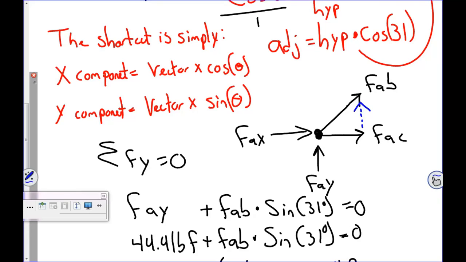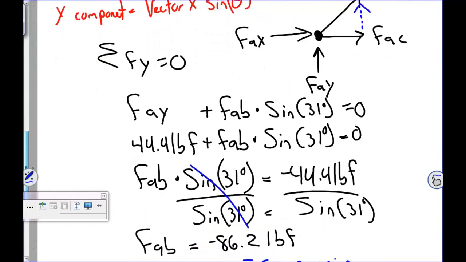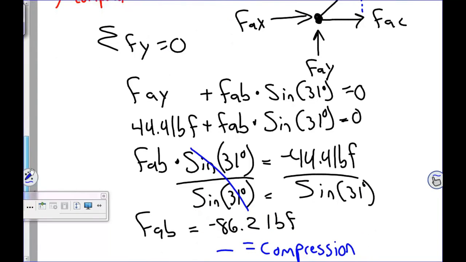I would leave FAB on this side and push all the other stuff on the other side of the equation, right? Oh, I think I know how to solve it now. So, subtract 44, let's just take negative 44, that helps. Now we're just left with sine 31 divided by sine 31.